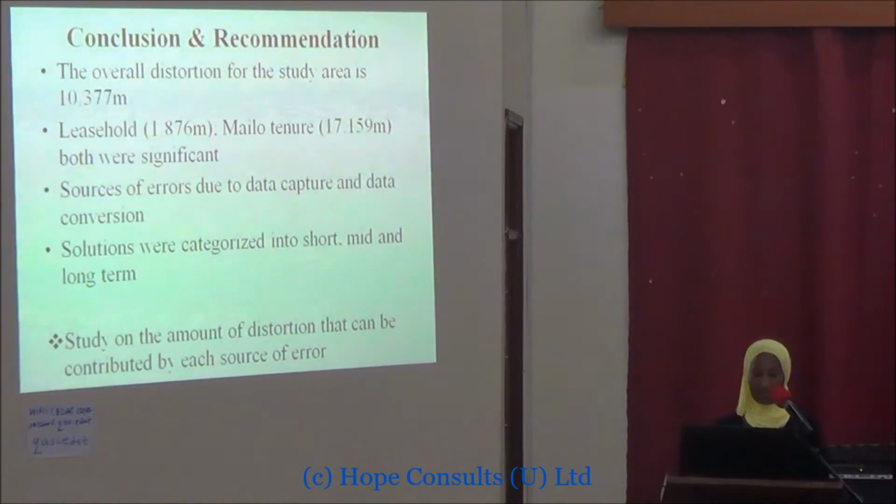In my recommendation, I recommend that a study be conducted, because this was a study of the general distortion, and that someone else carry out a study on the amount of distortion contributed by each of these errors that I identified in chapter 1. Sorry, my third objective. Thank you very much.